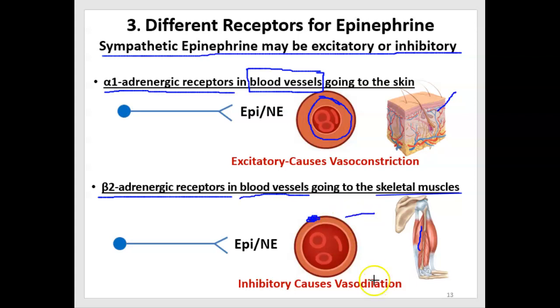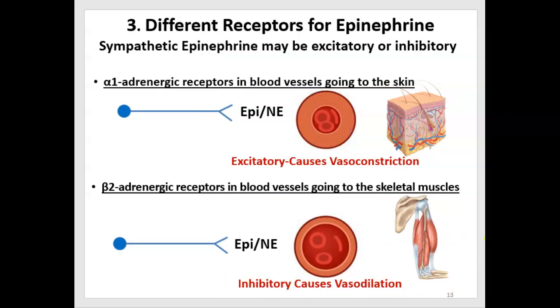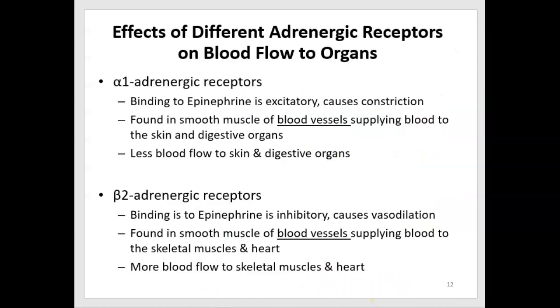The muscle does not contract, and instead the vessel dilates. So more blood flow to the skeletal muscles. I know that's a little confusing. You've probably heard about beta blockers, for example. If I go back to this slide, I'm talking about blood vessels that supply blood to skeletal muscle and to the heart. The beta blockers typically are acting on these adrenergic receptors.